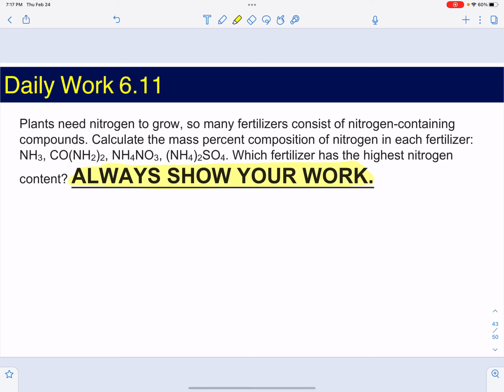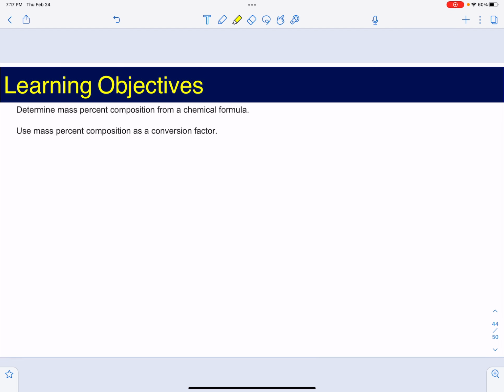So now you have all the knowledge you need to develop more practice by doing this. And once you do that, we are basically done with these 2 objectives. So given the mass percentage, and given a formula, can you determine the mass percentage?